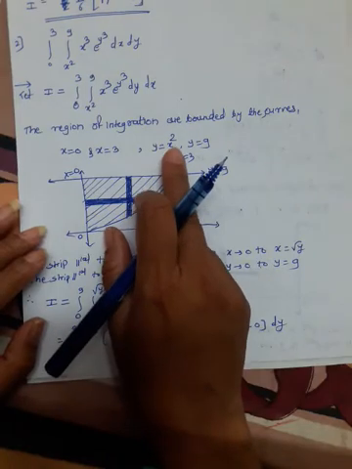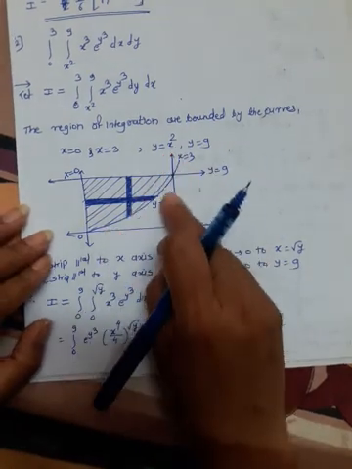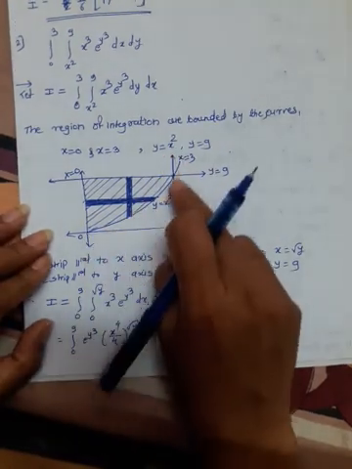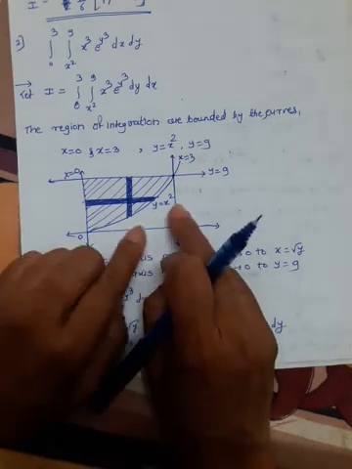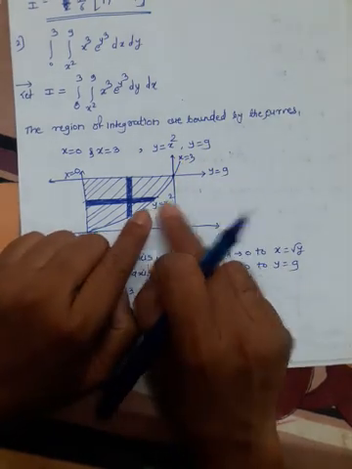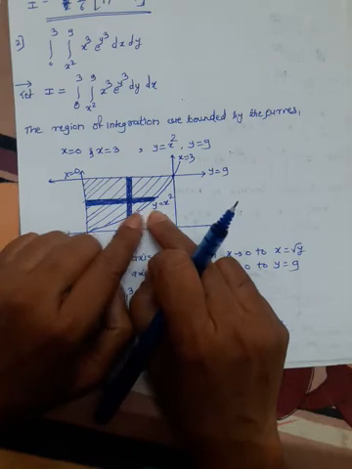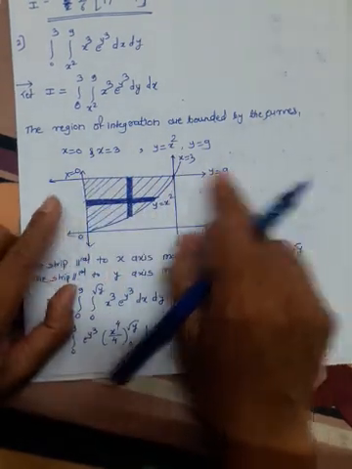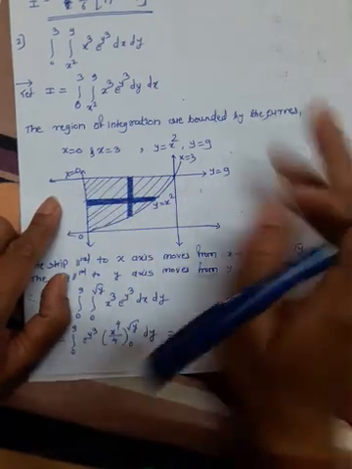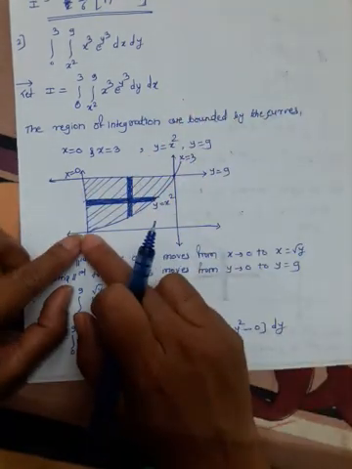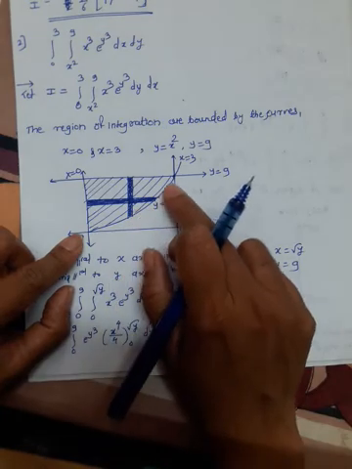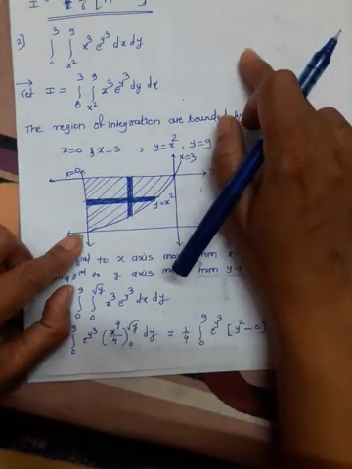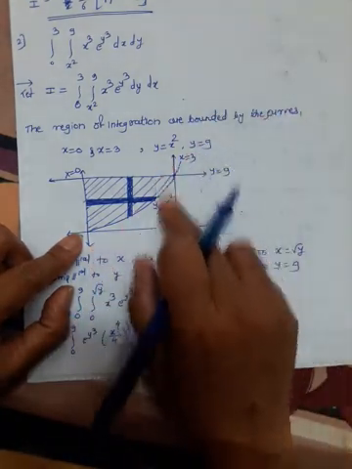And y is equal to x square is this curve, and obviously if you put y is equal to 9 here, this curve should cross this line also. This line is parallel to the x axis, this line is parallel to the y axis, and this is the curve which passes through this line, because it should cut these two lines.